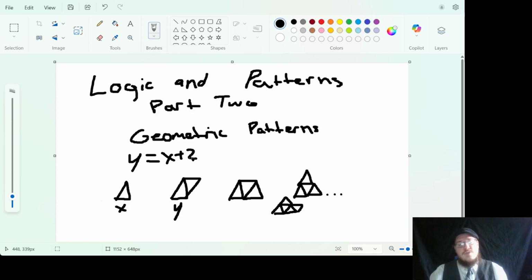Okay? So this equation that we used all last week works perfect for the numeric patterns. For geometric, not so much. Yes, we can use it, but then you are having to explicitly state what we are attaching our constants to, what each of these values inside of our equation is referring to, and that's just way more work.